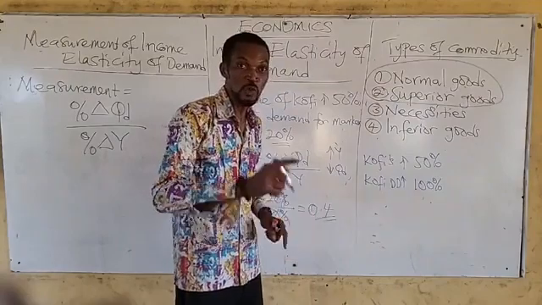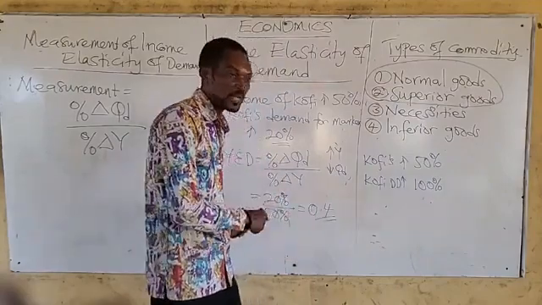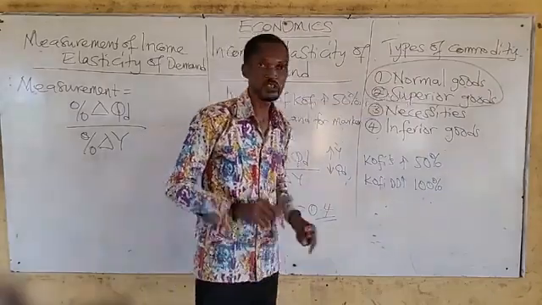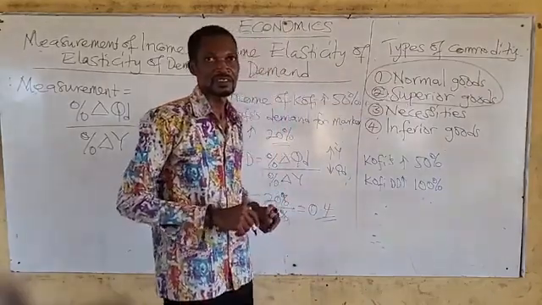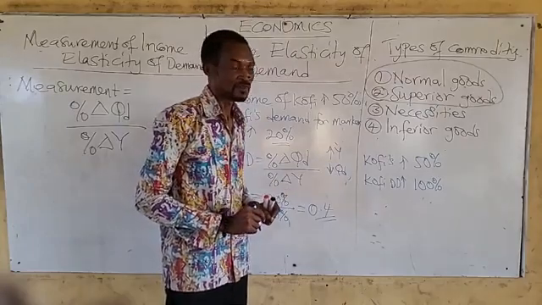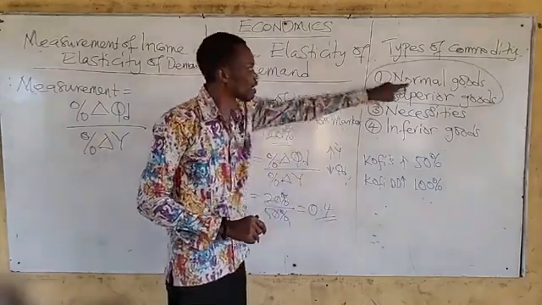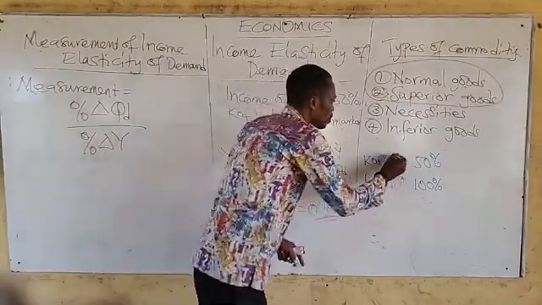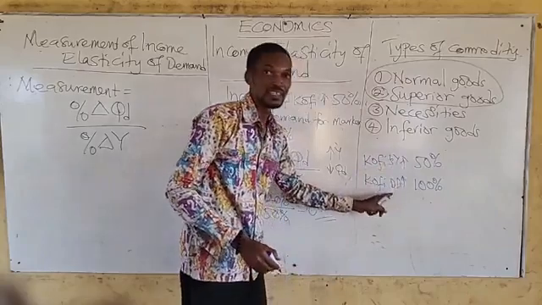The result will be more than 1. And when you calculate income elasticity of demand and the result is more than 1, that commodity should be called a superior commodity. I hope you understand it now. In the first one, which is the normal commodity, both the income and the demand increased.